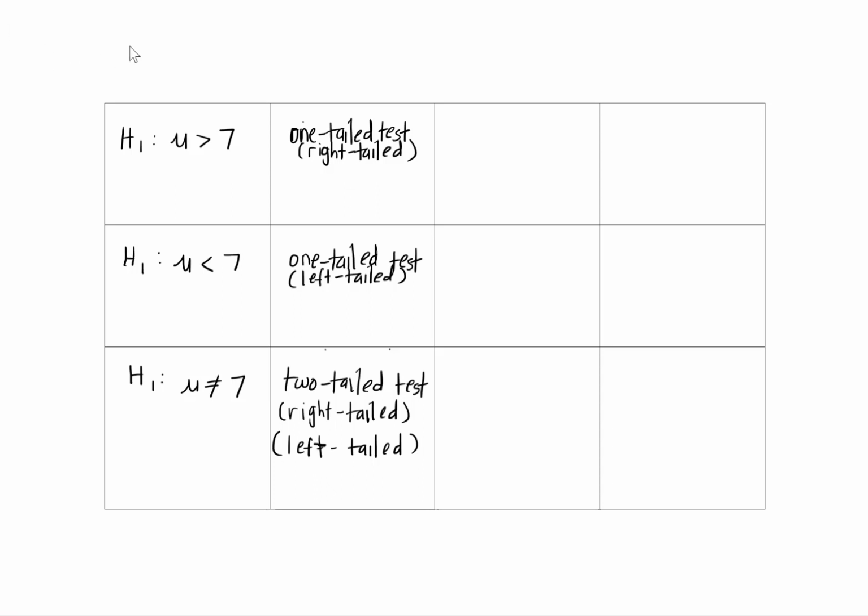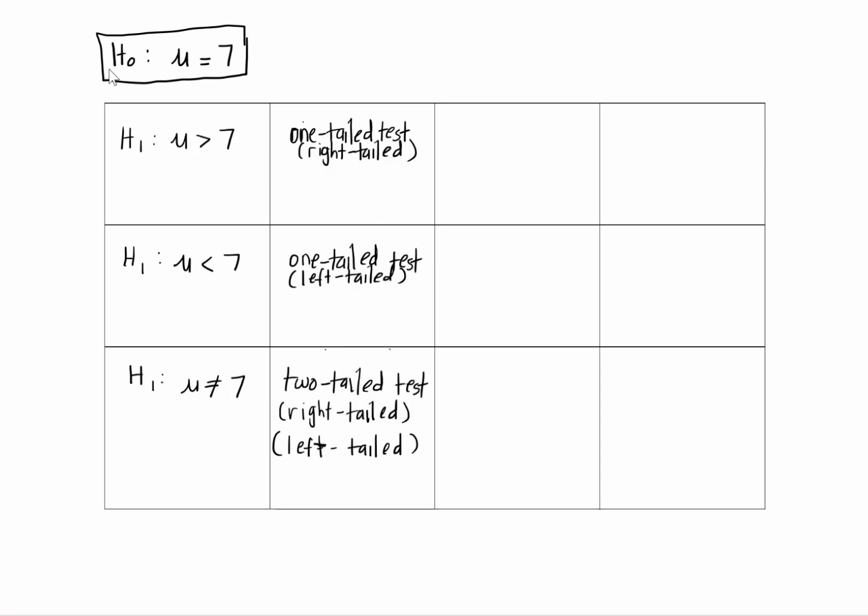Let's say we have our H naught, mu or mean is equal to 7. This is our H naught. The question can be H1 in which our mean is greater than 7, a one tail test, and it's a right tail test, or less than 7, a left tail test, or our mean is not equal to 7. That means it can be a right tail test or left tail test.